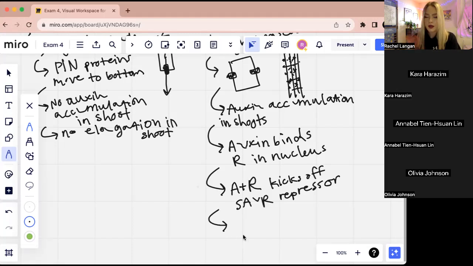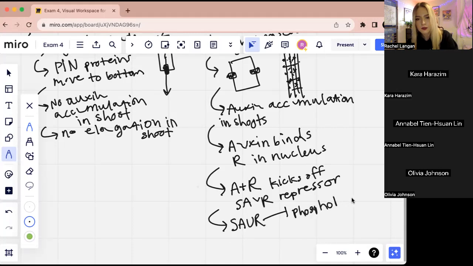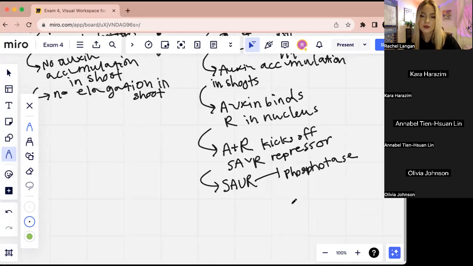So now we have disinhibition of the Sauer gene. We can transcribe Sauer, and Sauer proteins act by inhibiting phosphatase. And phosphatase basically inhibits the proton pumps by removing a phosphate. So if the phosphatase isn't working, it's not actively turning off the hydrogen pumps, and you get an increase in the hydrogen pump activity.